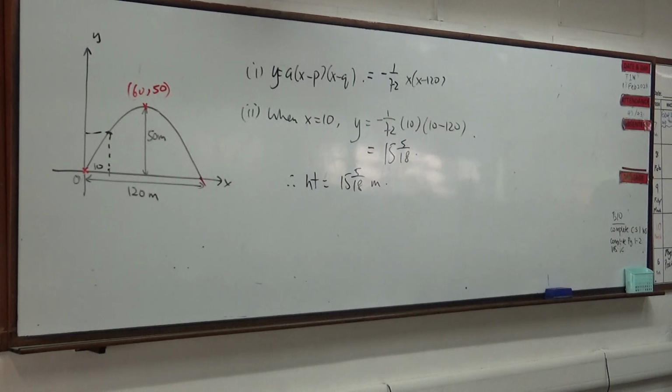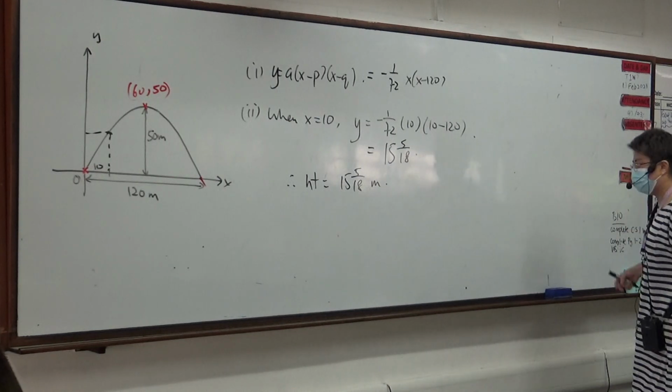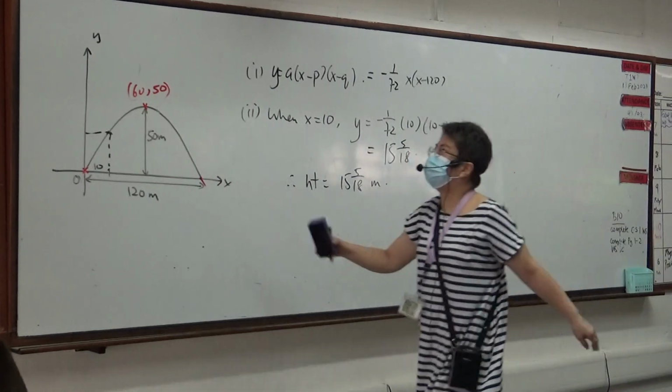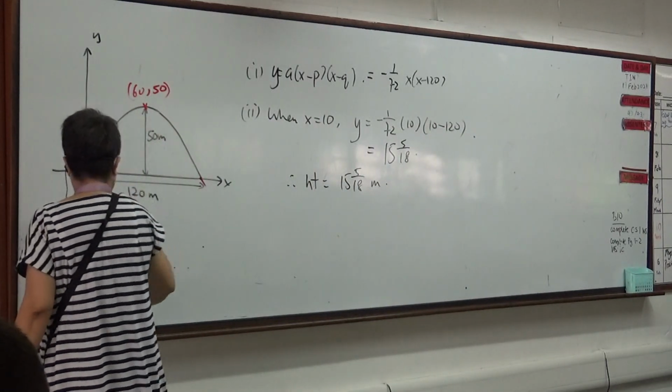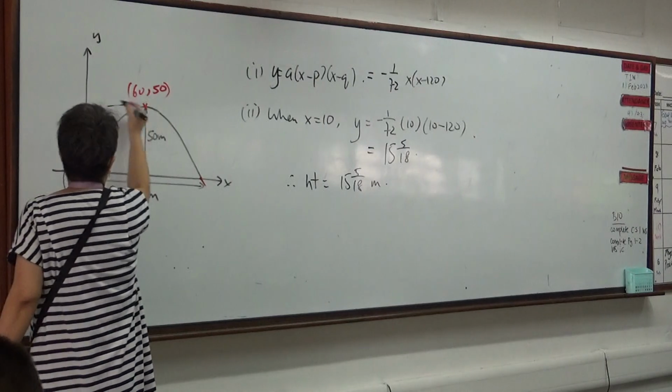Another point on the arch is 20 meters vertically above the surface of water. What is the width of the arch at this point? Okay, all of you look up. I'm going to draw this. This is 50, right?